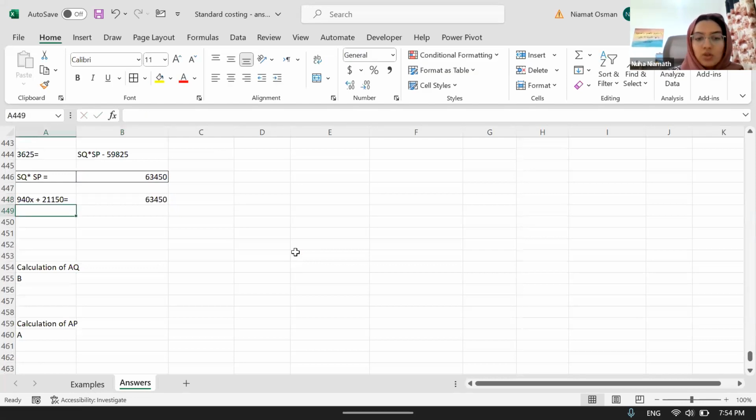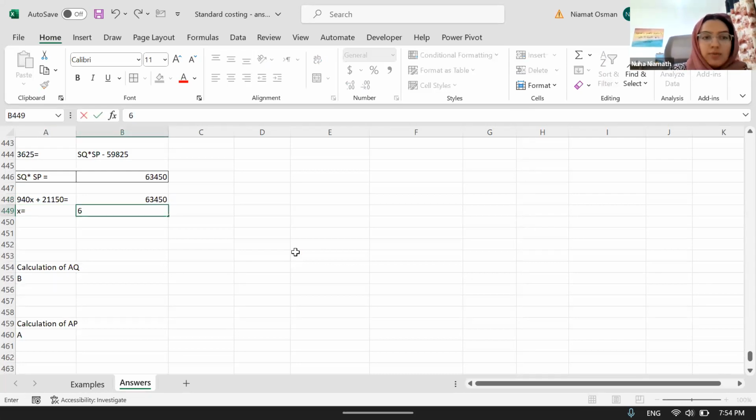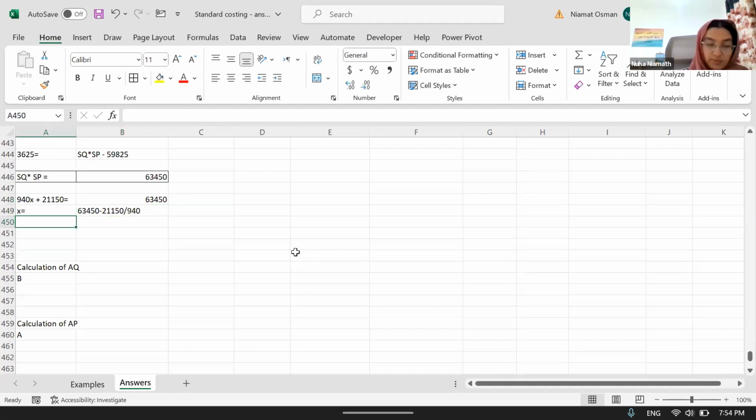Isn't it? So what is X equal to? 63,450 minus 21,150, the whole divided by 940. What is that coming to?